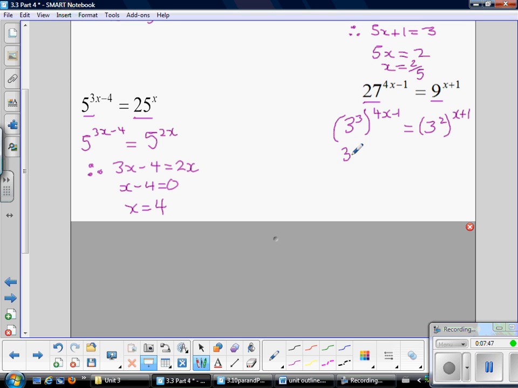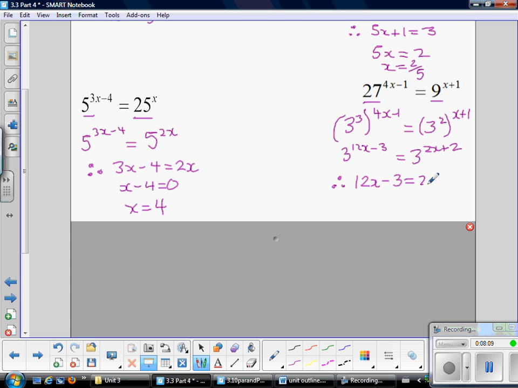I know that's 3 to the power of 12x minus 3, and that equals 3 to the power of 2x plus 2. And now my bases are the same, therefore the exponents must be equal. And you'll get sick of me saying that, but you'll remember it.